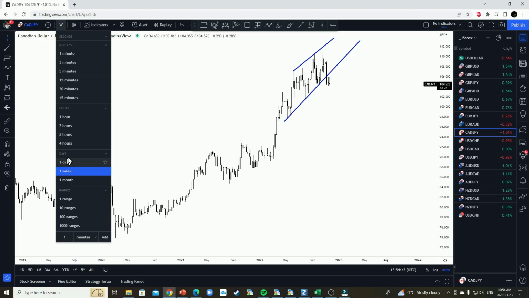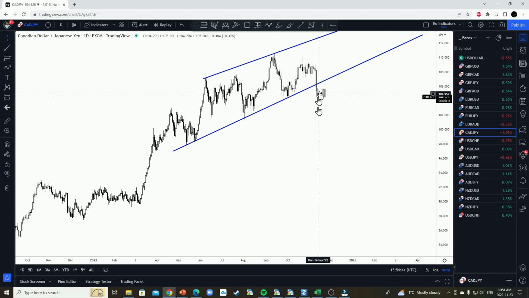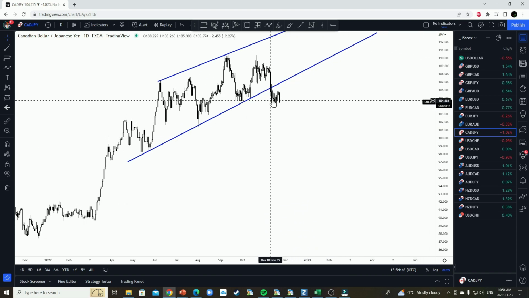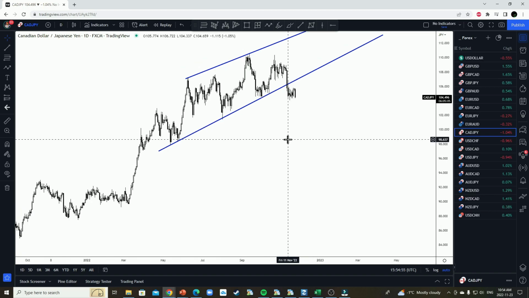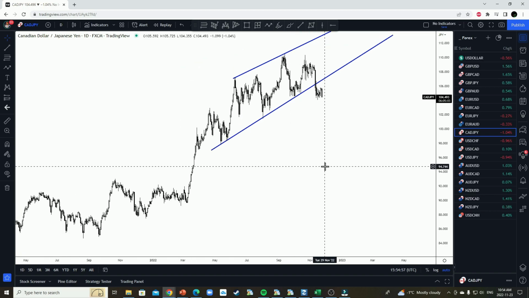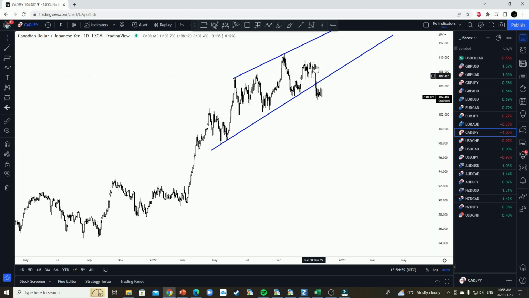If you go on the daily, this is a pennant, which is a continuation pattern; we're accumulating here. So right now I'm waiting for some type of break of this low, and I think it's going to go down quickly. So I'm not going to get married to that trade, but basically this is the idea.